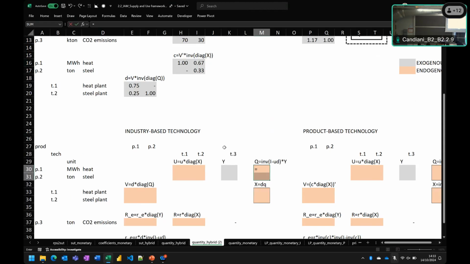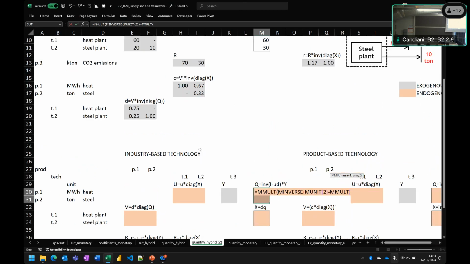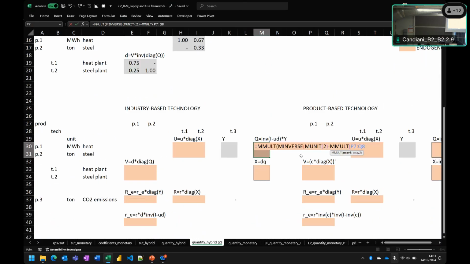So Q equals the matrix multiplication of the inverse of the matrix unit, the identity matrix of dimension 2, minus the matrix multiplication of U, where is U, times D, right.